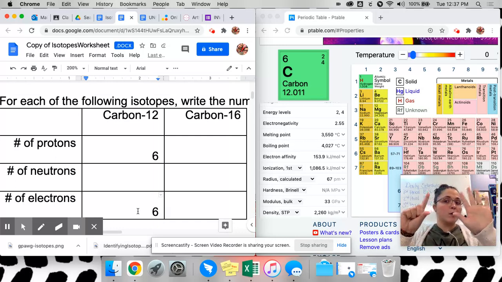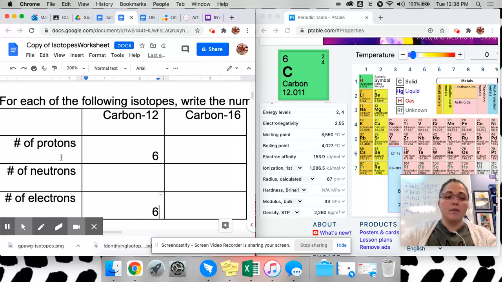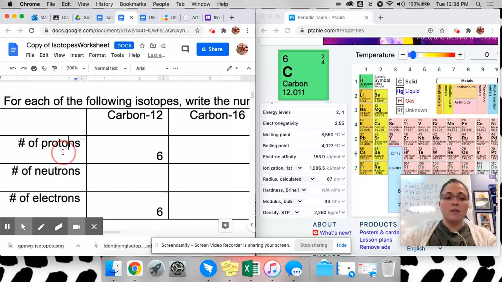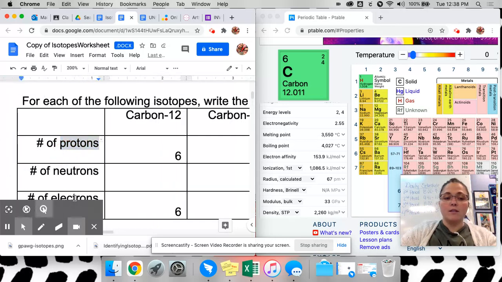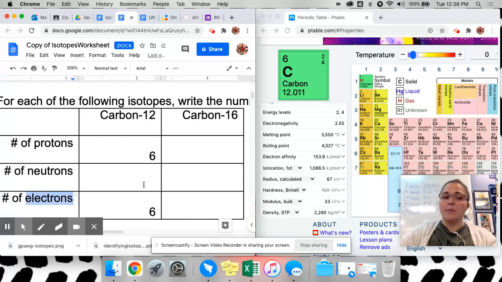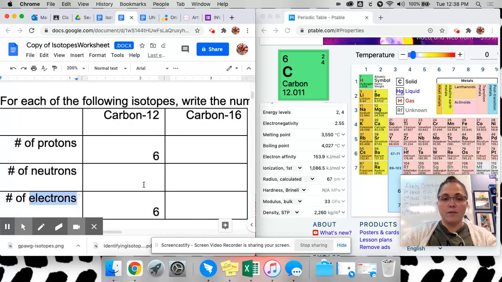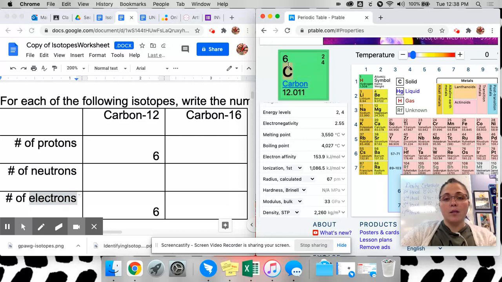I'd have to have -6. So 6 pluses and 6 minuses gives us a neutral atom, and that's what we're dealing with on all of these. Your number of protons and your number of electrons will always be whatever that atomic number is.